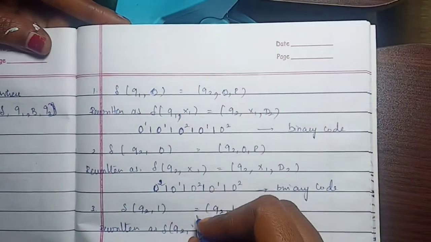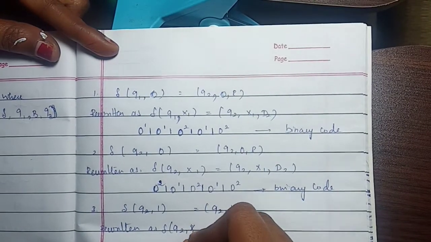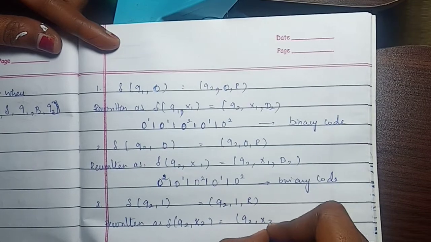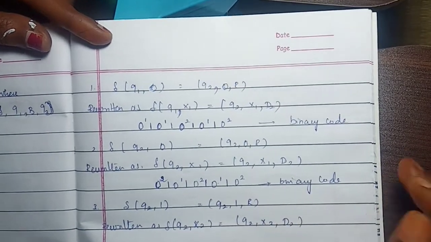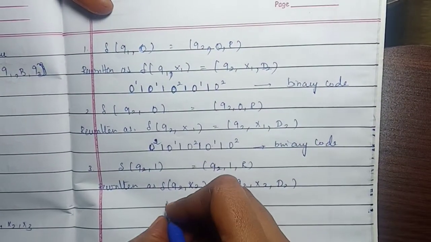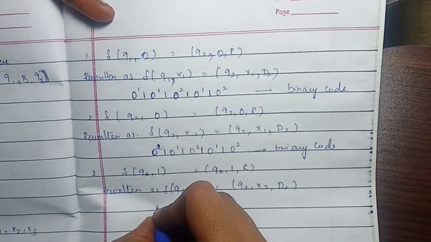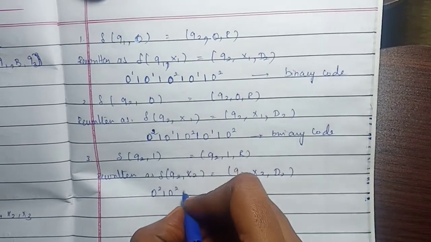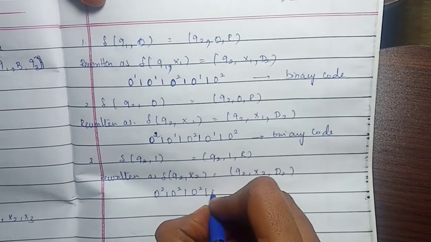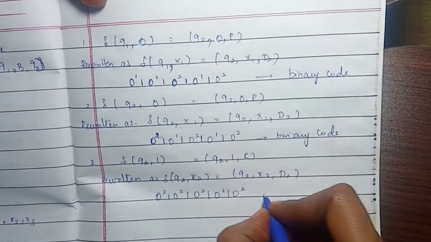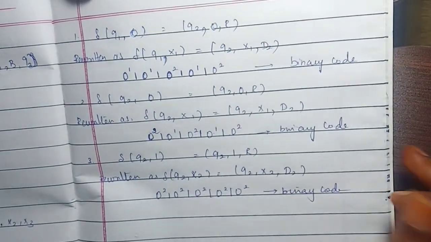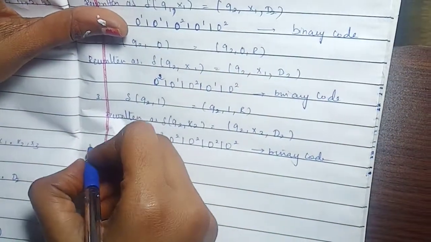So x2 = x2 and r is d2, right? So here we have to write like this: 0 power 2, 0 power 2 and 0 power 2, 0 power 2 and 0 power 2. These are all the binary code for this move, right?